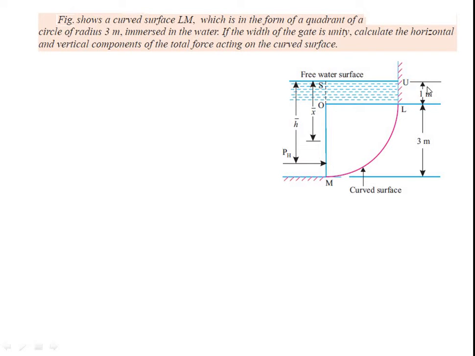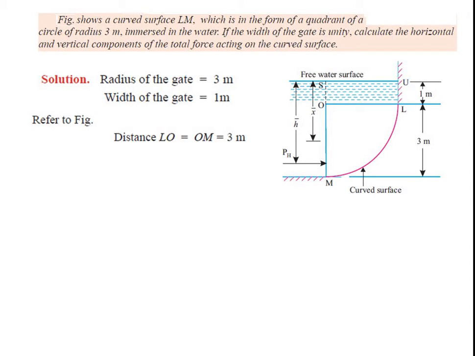Now it is immersed up to a depth of 1 meter, and this distance OM is given as 3 meters. That is, R is 3 meters, and therefore OM is equal to OL, equal to 3 meters.